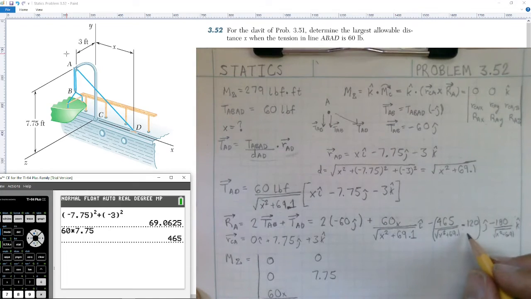Here is our j component. So we have 465 divided by this equation, 7x squared plus 69.1 minus 120. And finally we have our k hat component here.